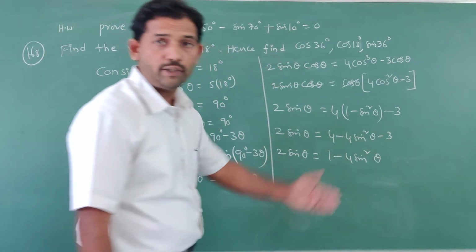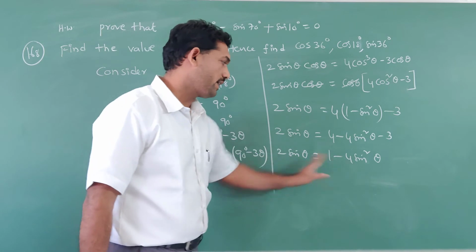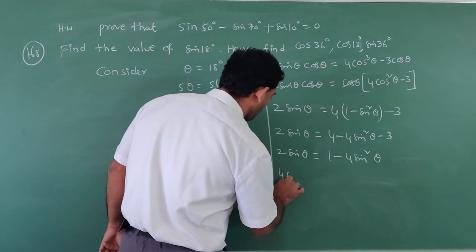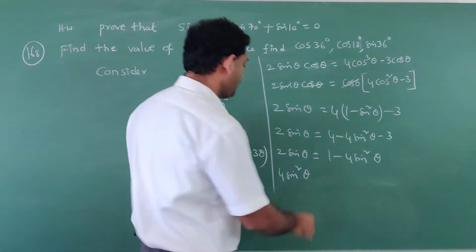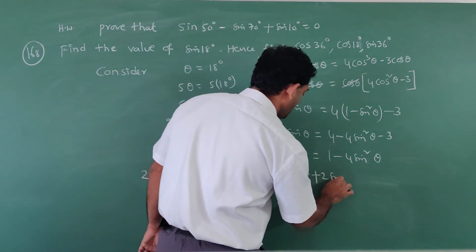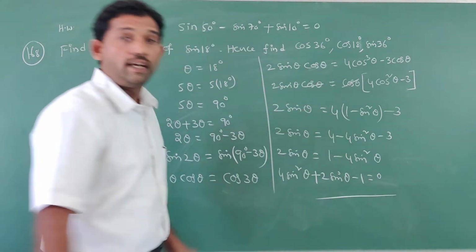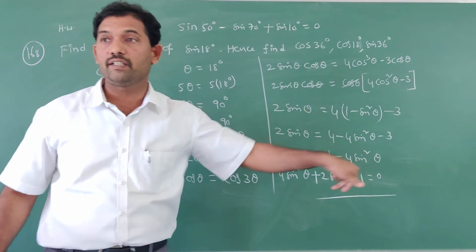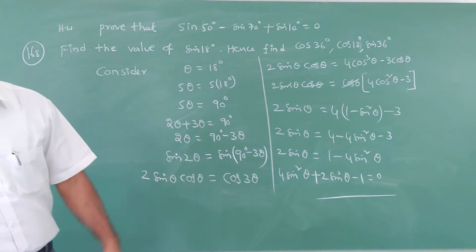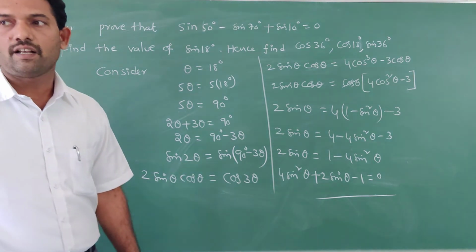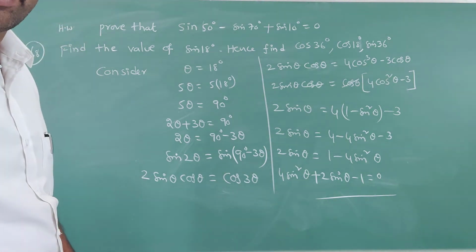Bring all values to the left-hand side: 4 sin square theta plus 2 sin theta minus 1 equals 0. It is a quadratic equation in sin theta. Note it down fast.